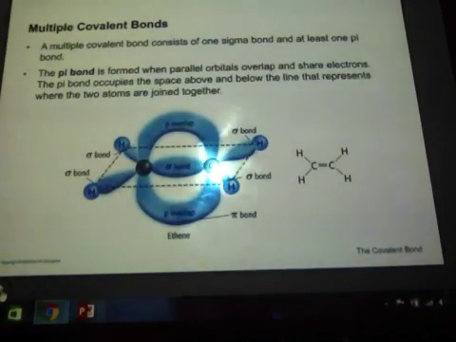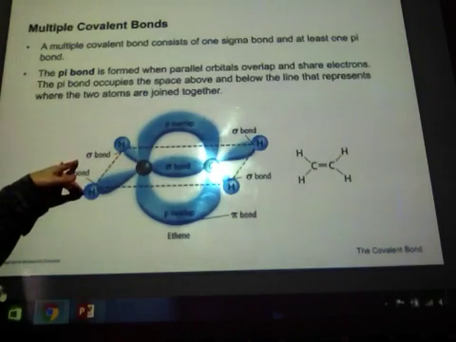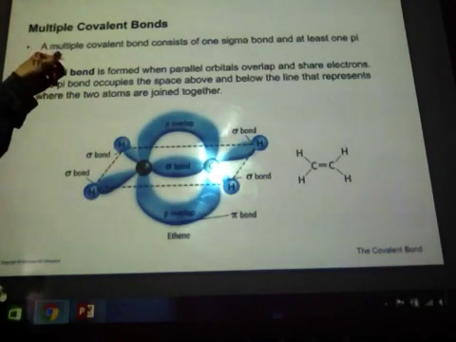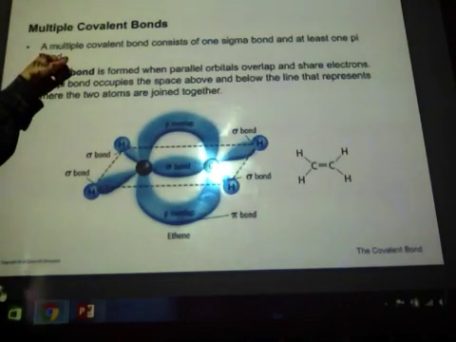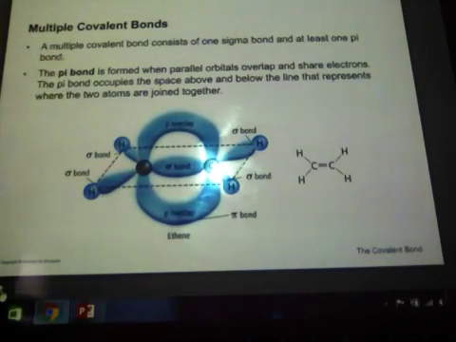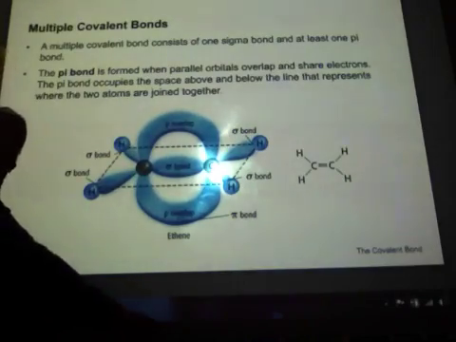When you have a multiple bond, and there's an animation on your website that discusses this very well, a multiple bond is going to consist of at least one sigma bond, and then it's going to have a pi bond.